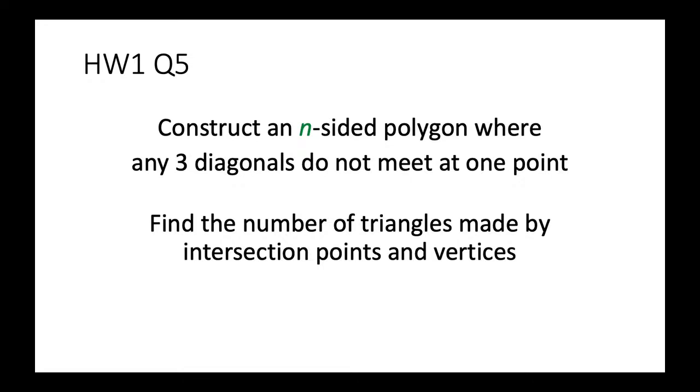Now let's look at another extreme case. We want to count how many triangles can be made such that all the vertices of the triangle are interior intersection points of the diagonals. For this kind of triangle, we must see that we need to use 3 diagonals to define the triangle.